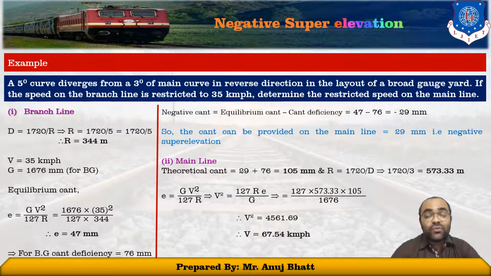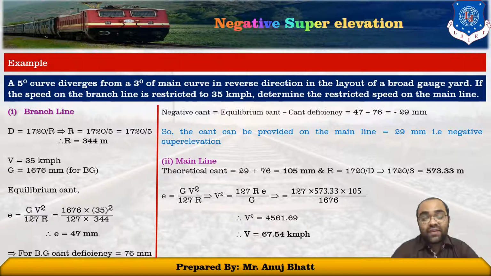This value comes as minus 29 millimeter. So on the branch line, we have to provide a negative superelevation of 29 millimeter.